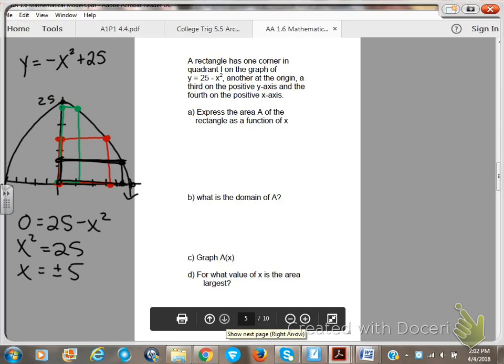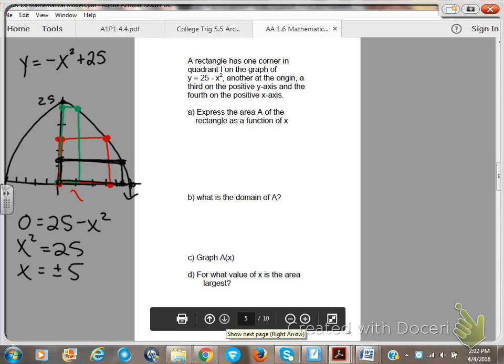It wants us to express the area A of the rectangle as a function of x. Well, how do you find the area of a rectangle? Length times width. Okay, now, this would be the width. But what might be a better variable to use instead of w? X, because we're on the x-axis. When you go left and right, that's your x.